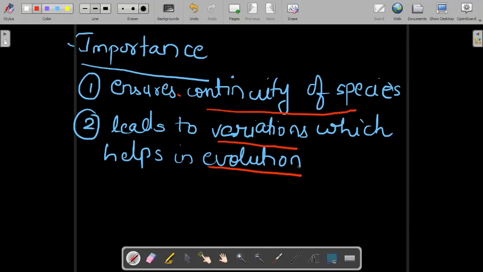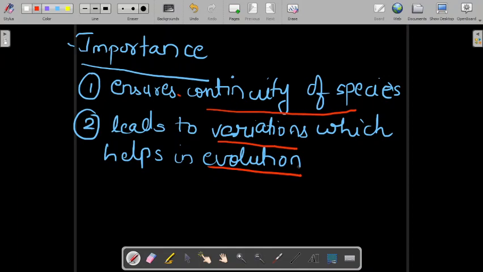Even if you compare yourself with your parents, you will not look exactly similar to your parents, right? This difference between you and your parents is said to be variations. So variations are important.